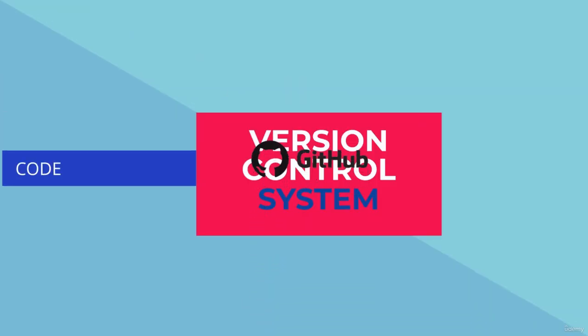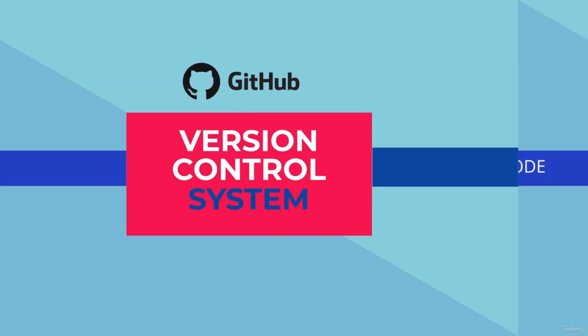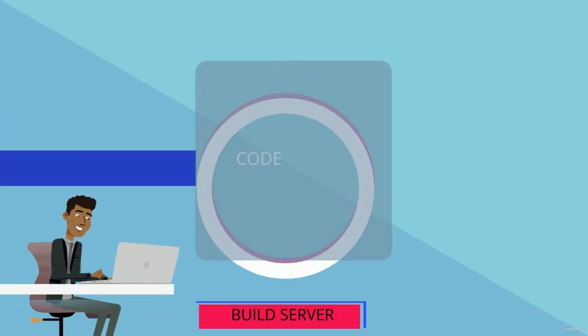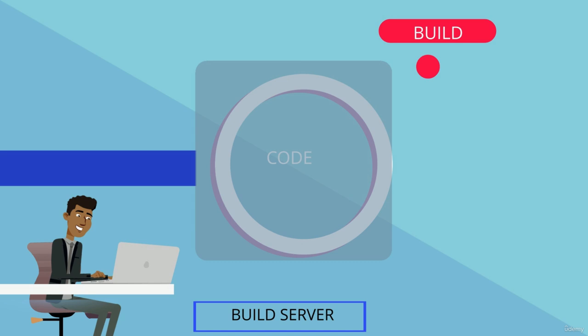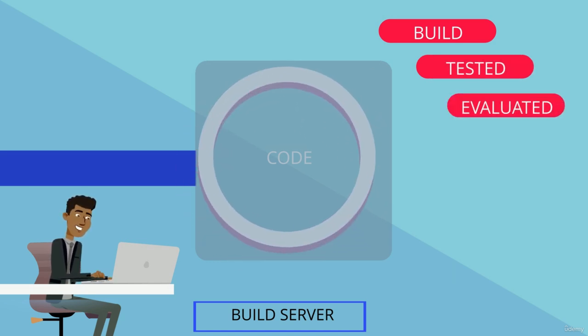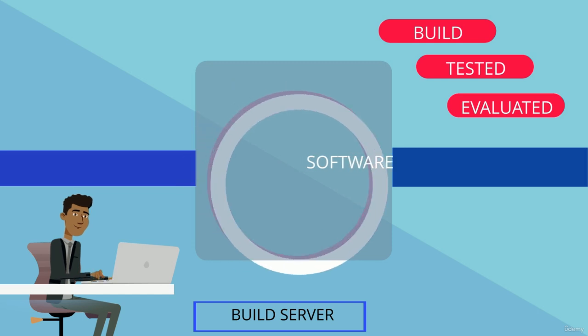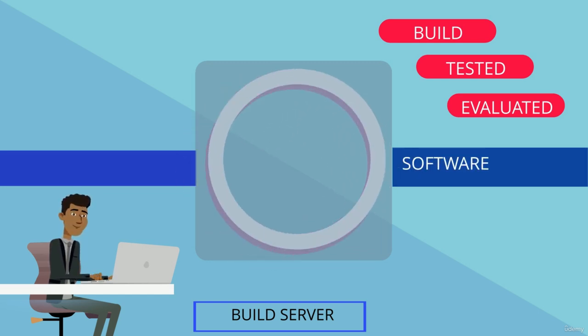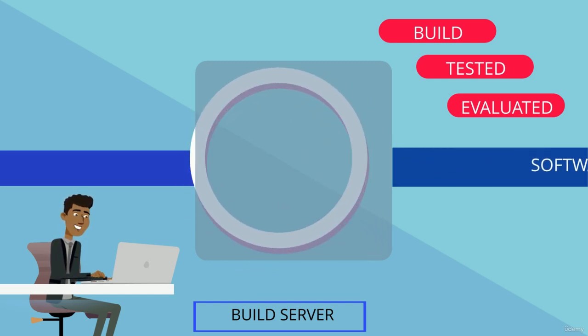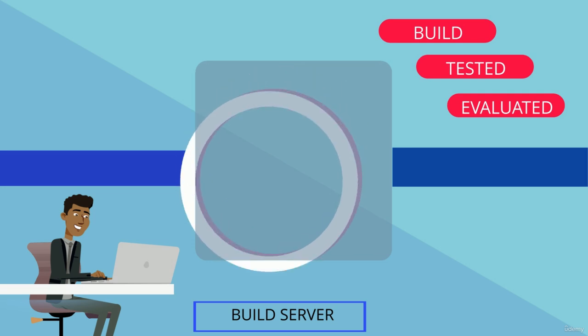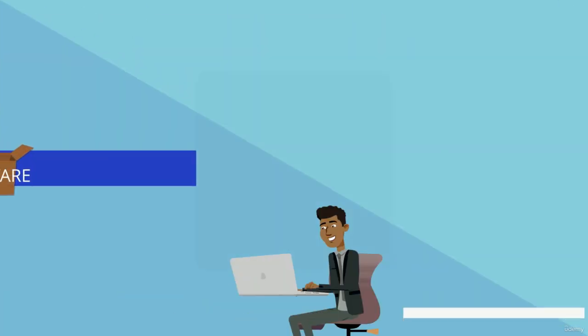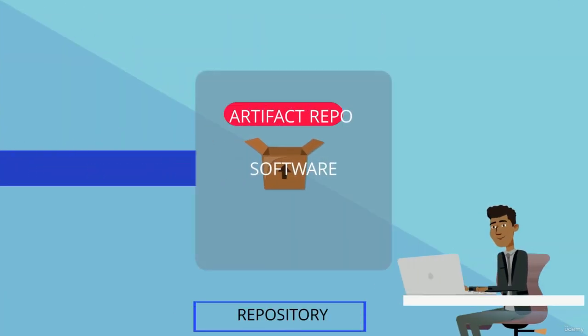This code will be moved to a build server. On the build server, this code will be built, tested and evaluated, which generates the software, or we call it an artifact at this stage. This artifact or software will be stored in a software repository. An artifact is really an archive of files generated from the build process.